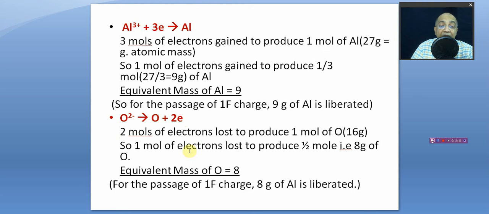So 2 moles of electrons are lost to produce 1 mole of oxygen atoms, that is 16 gram, right? So if 2 moles of electrons are involved for the formation of 1 mole of oxygen, then 1 mole of electrons or 1 Faraday will definitely produce half mole of oxygen, that is 16 by 2, 8 gram. So in most of the cases, the equivalent mass of oxygen is 8.